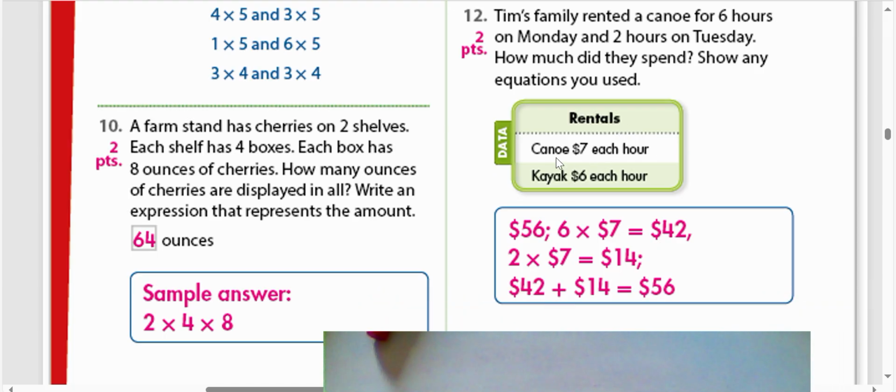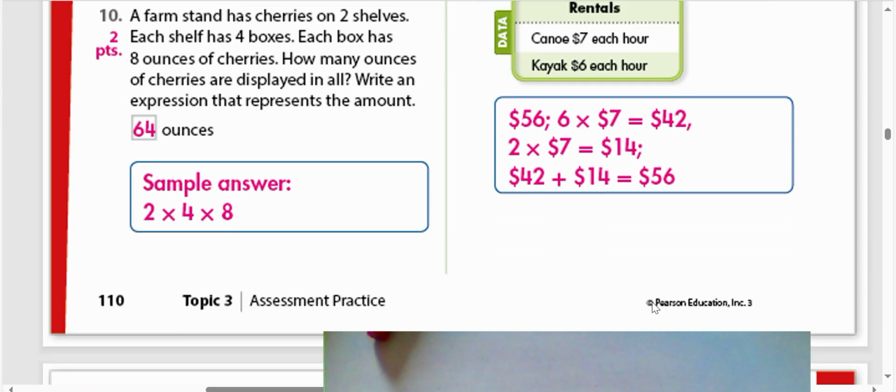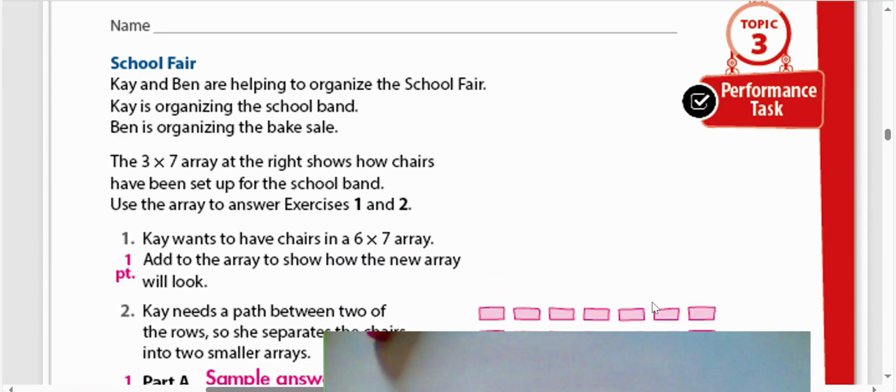We can write 6 times 7 and 2 times 7, for each hour. 6 times 7 equals 42 and 2 times 7 equals 14. We can add together: 42 plus 14 equals 56, and the total answer is 56.